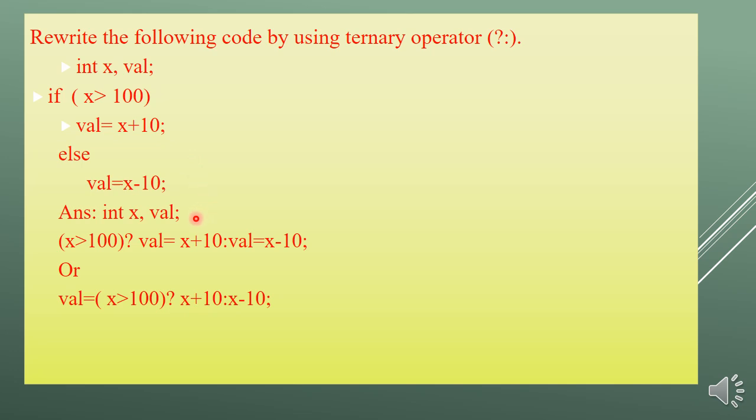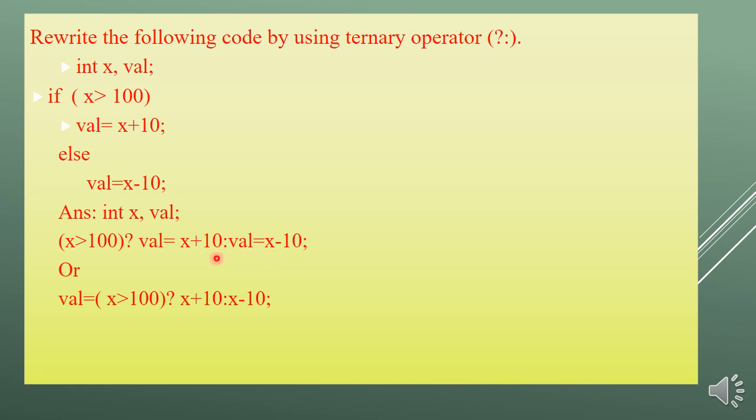The variables are same, int x comma var. First comes what? Condition. What is the condition? X greater than 100. So that condition comes here. Question mark. Then expression 1. What is expression 1? Var equals x plus 10. So var equals x plus 10 colon var equals x minus 10.